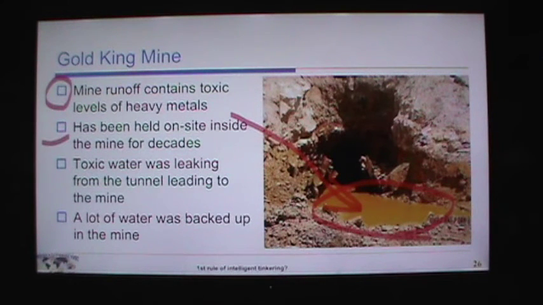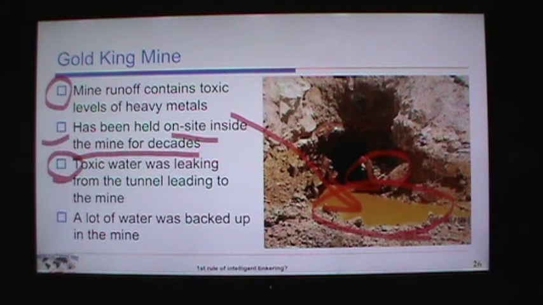This runoff had been held on site inside the Gold King mine for decades, starting certainly in the early 1990s up until, say, present day. But the water was caustic, and there was a little wood door or something holding the opening of the mine closed.